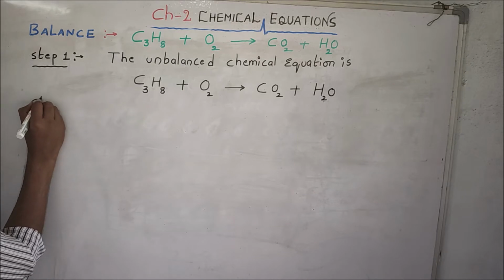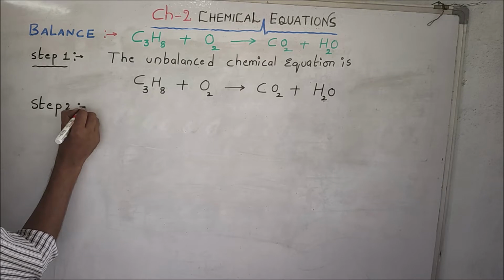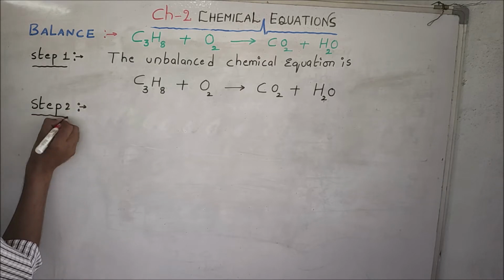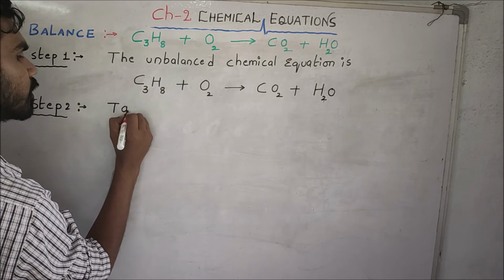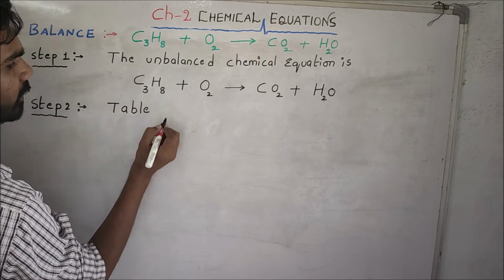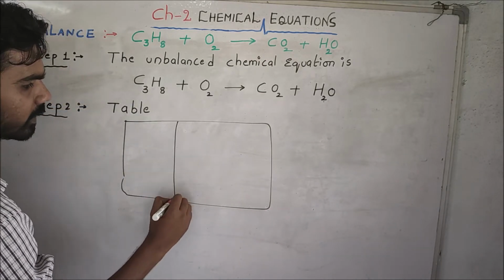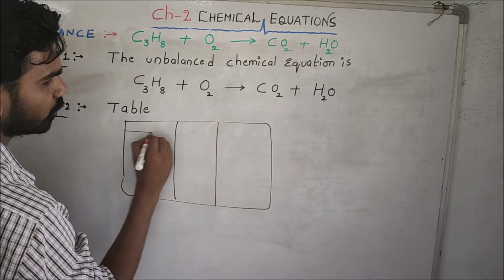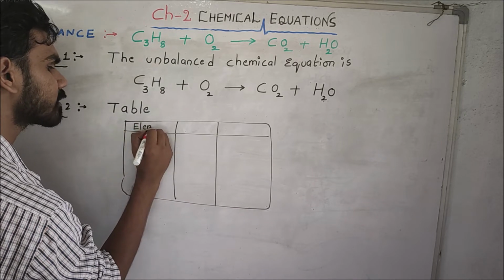After that, step 2. You write a table. Now the table contains how many columns? 3 columns. What is the heading of the first column? Element.